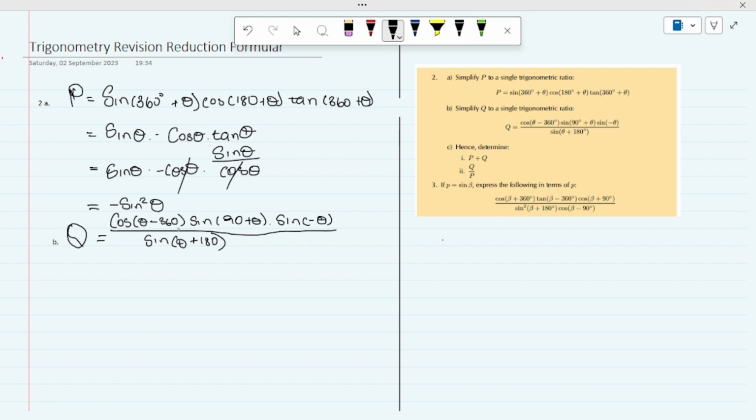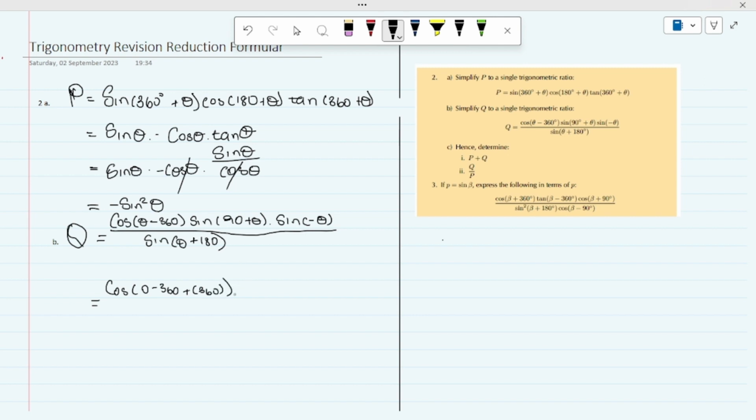Alright, so let's try to solve this. So basically the first thing that you need to do here is cos of theta minus 360. So you're just gonna say cos theta minus 360 degrees plus 360 degrees basically.